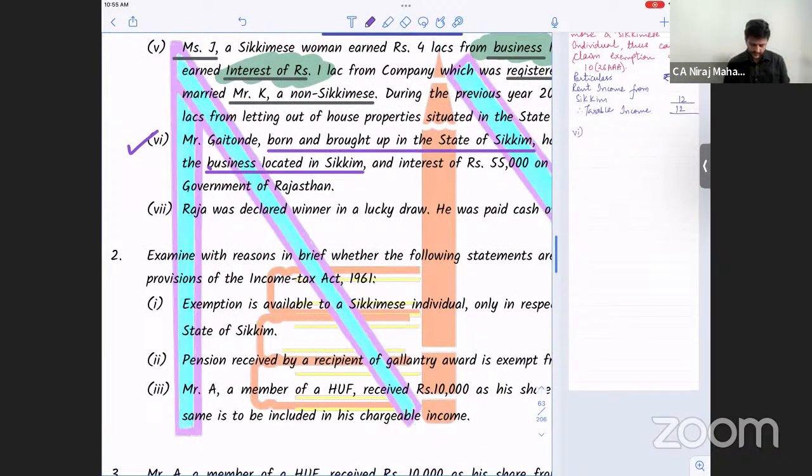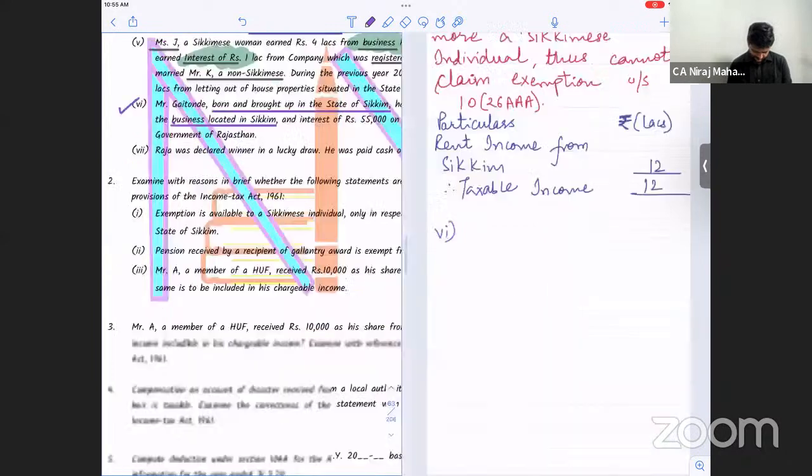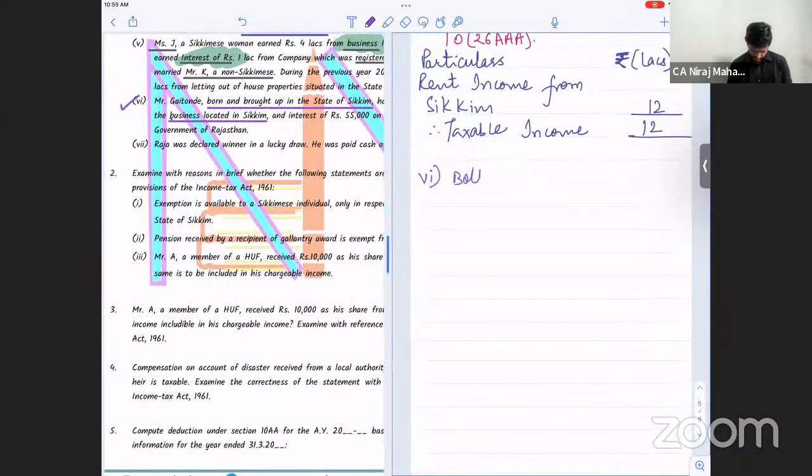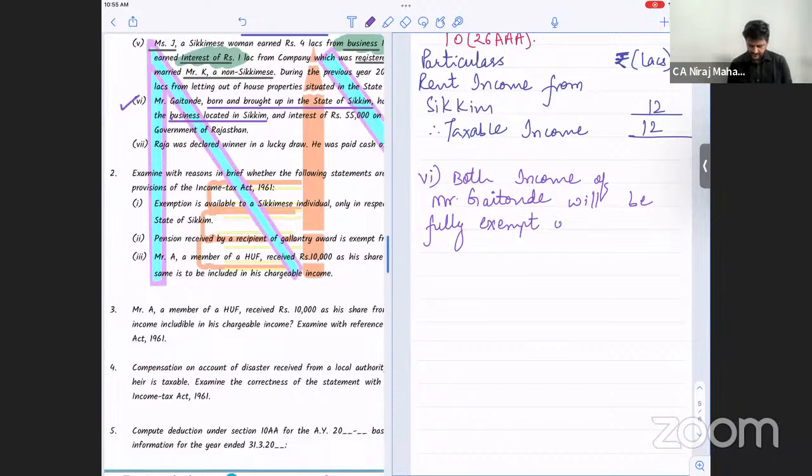No tax at all. Write down: both incomes of Mr. Gaitonde will be fully exempt under section 10(26AAA).